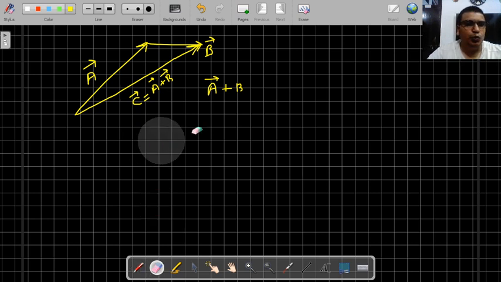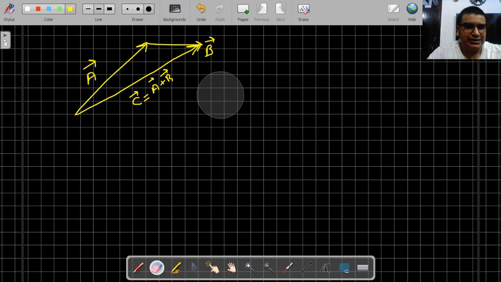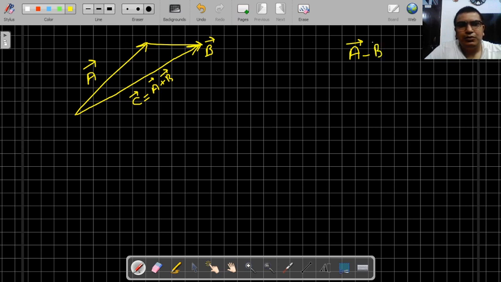Suppose we have to do a minus b. So in the same diagram, suppose we have to determine vector A minus B. In vectors, negative means the reciprocal of the vector.